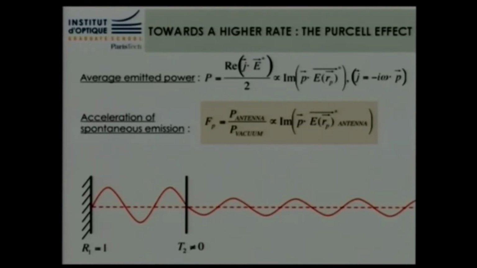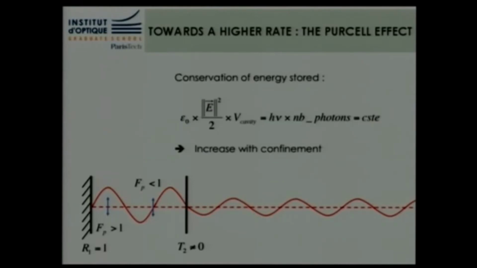And when putting a dipole at a node of this mode, it cannot couple to this mode. And so this equation tells us that we can inhibit the spontaneous emission of this dipole. Then when putting the dipole at an antinode of the mode, one can increase the spontaneous emission.